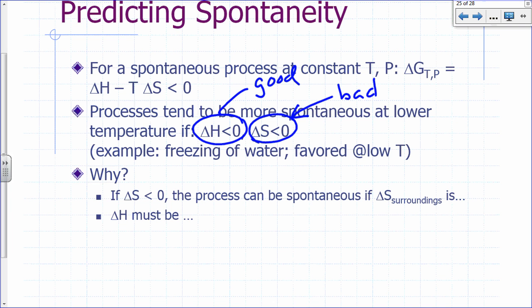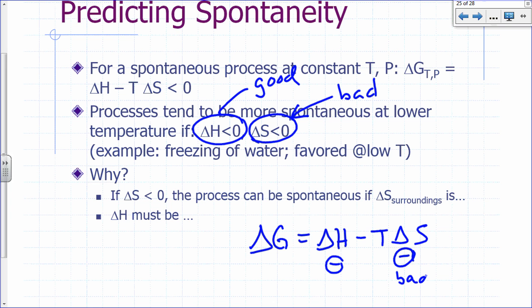So you remember your expression, delta G is delta H minus T delta S. This is good with a negative, and if this is negative as well, then that's bad. You want to de-emphasize the bad. The way you de-emphasize the bad is you lower the T. So these types of processes tend to be favored at low temperatures.